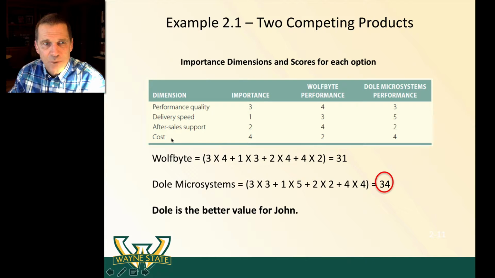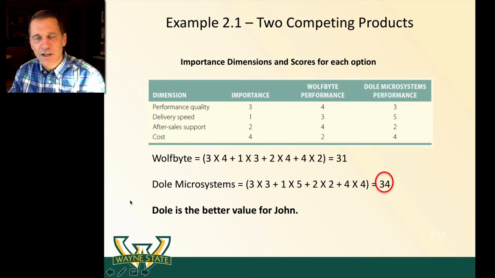So John is most concerned with cost, next with quality, then with after-sales support, and he's least concerned with speed. But that speed is on this list, just to be clear, means it matters to him. There's lots of other decision dimensions that are not on this list because he's saying they're less than a 1. They don't really matter much at all to him. Delivery speed still matters to John, just not as much as the others.